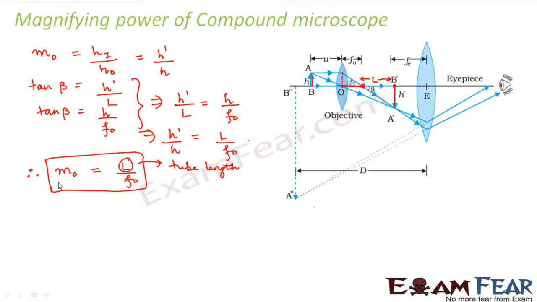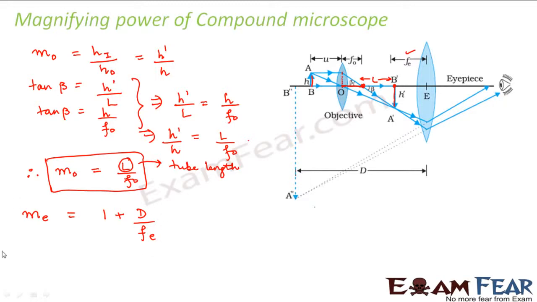Now let us calculate the magnification of the eyepiece. I mentioned in the previous slide that the eyepiece behaves in a similar way as the simple microscope. In case of the simple microscope, we found that magnification is equal to 1 plus d by f, where f is the focal length. Here the focal length of the eyepiece is fe, so 1 plus d by fe.